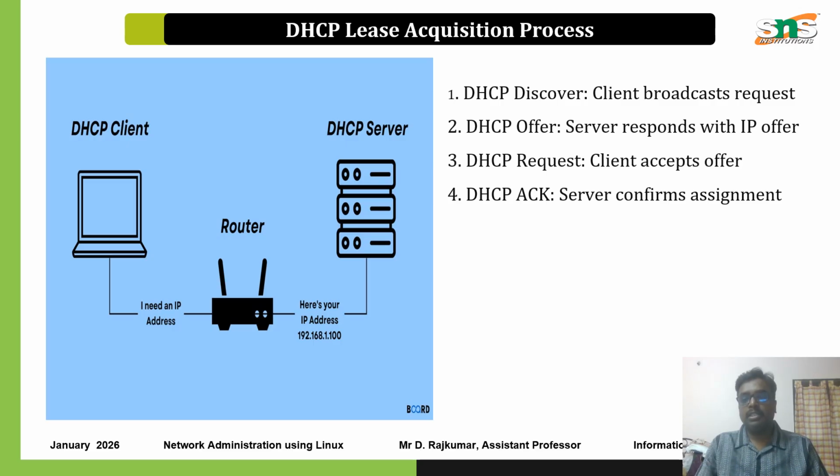Next, the client accepts the offer, since it is a temporary visitor. And next, the server confirms the request: once the client accepts the offer, the server receives the request and sends a confirmation of the assignment. So this is how DHCP works: first there is a request, and then the confirmation.